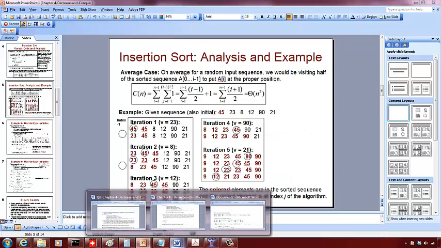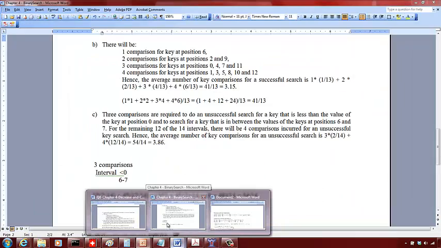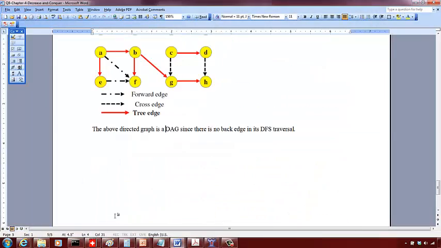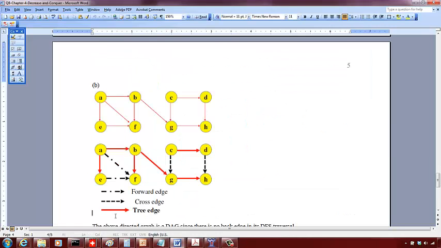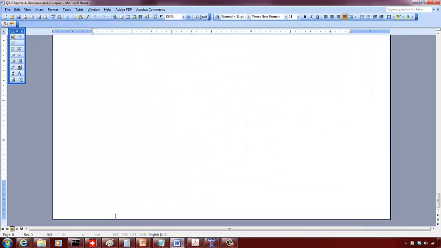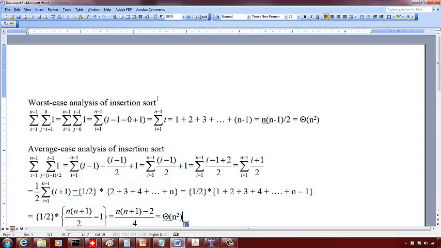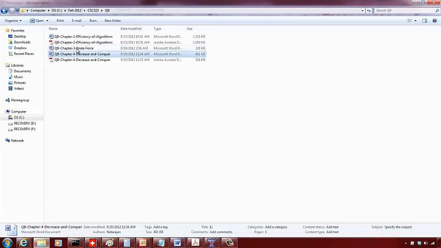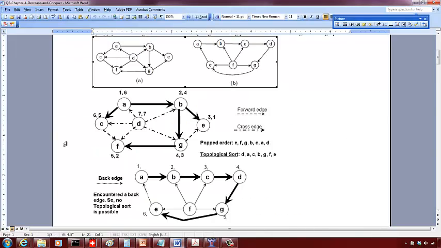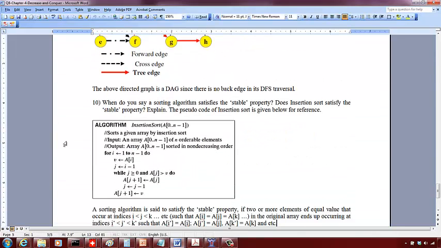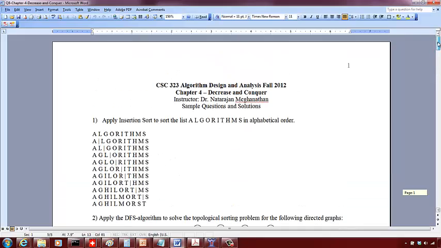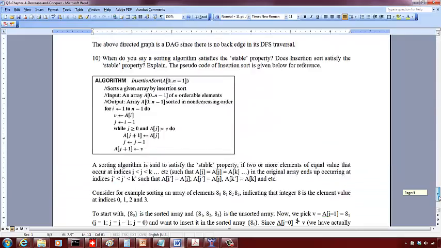Now let's pull up this problem. So this is problem number 10 in the sample questions on chapter 4.